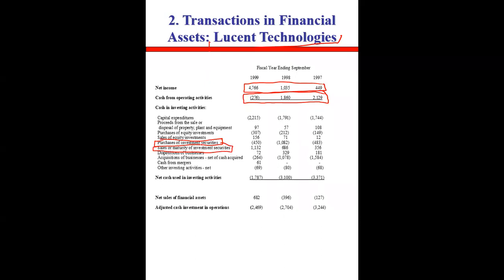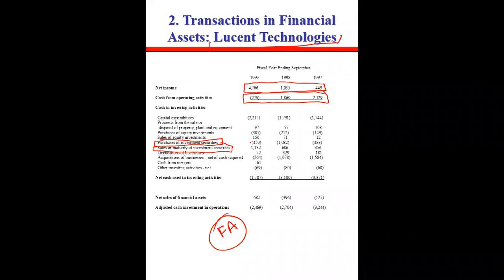So this company has included some proceeds and payments which are exclusively for financial assets. Investment securities, are these financial assets or operating assets for Lucent Technologies? These are financial assets.